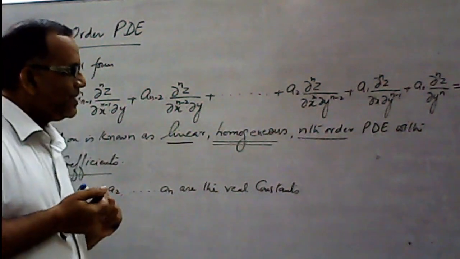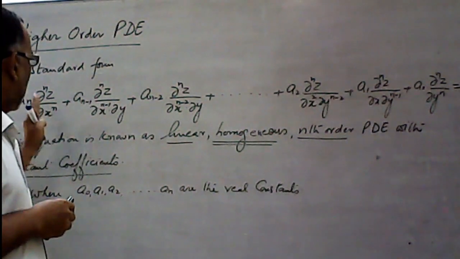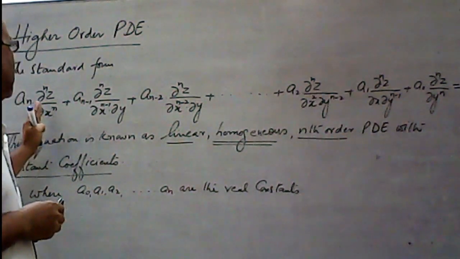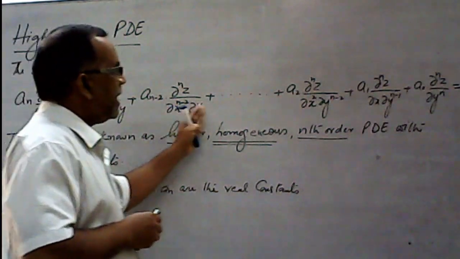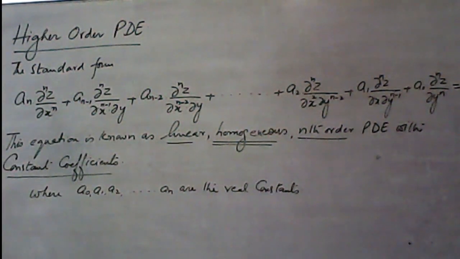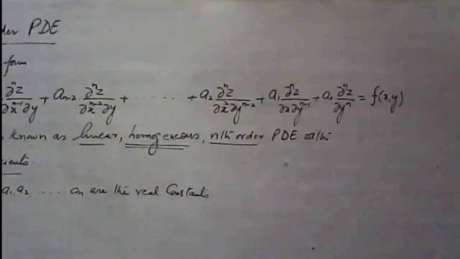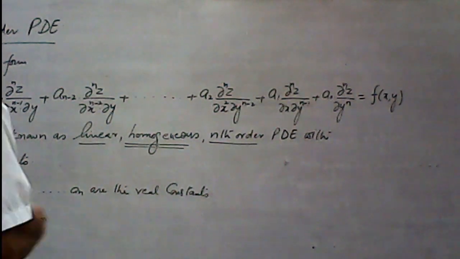Here, homogeneous means the order of the derivative in each and every derivative is identical. Let me give you 2-3 examples to understand this word.